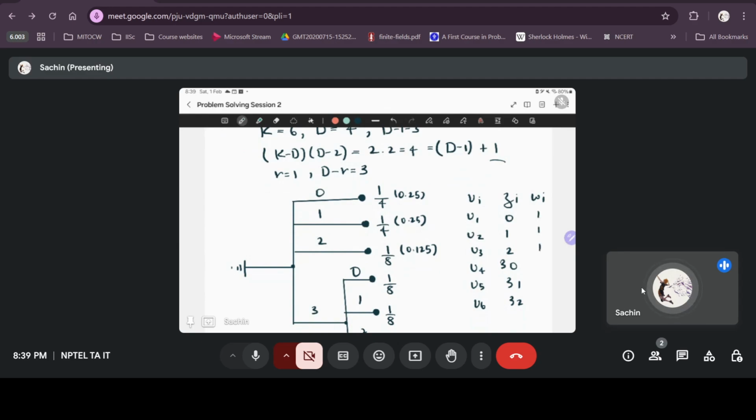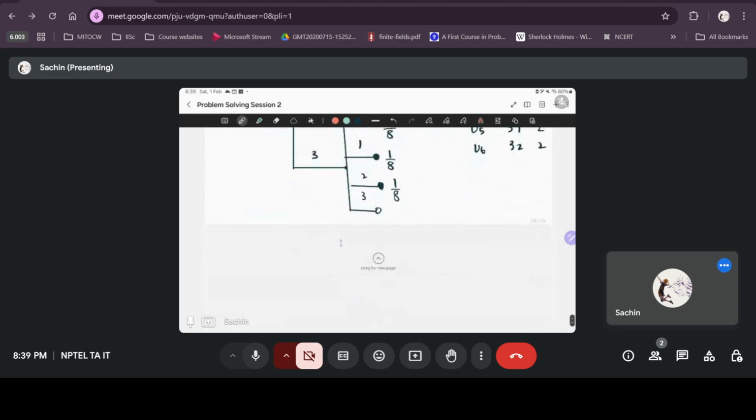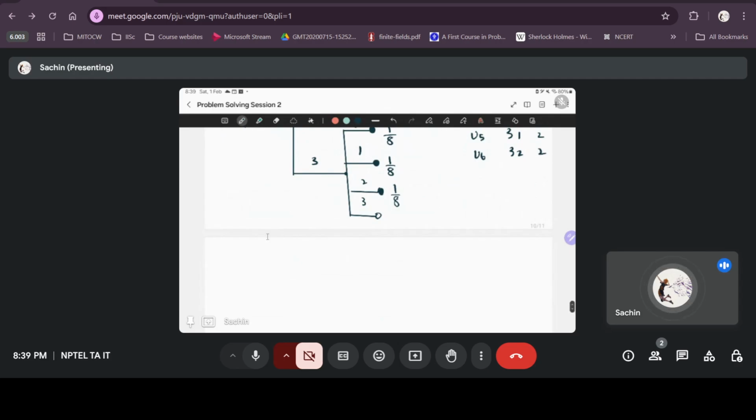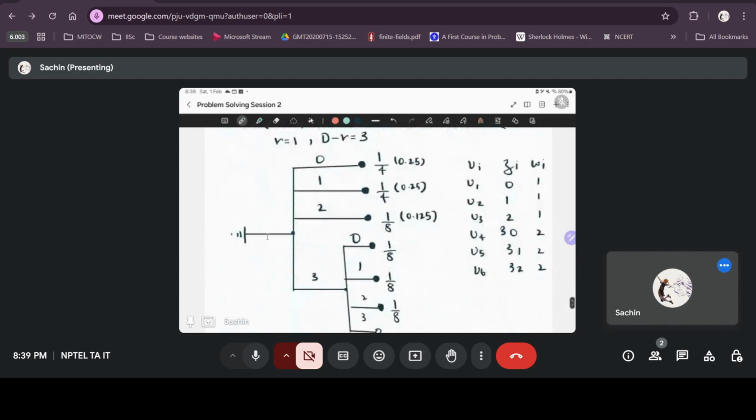So the first 3 messages have code word length 1 and the last 3 messages have code word length 2. Therefore, the answer is 111222, which is option A.